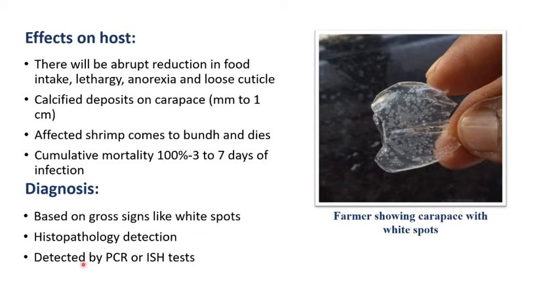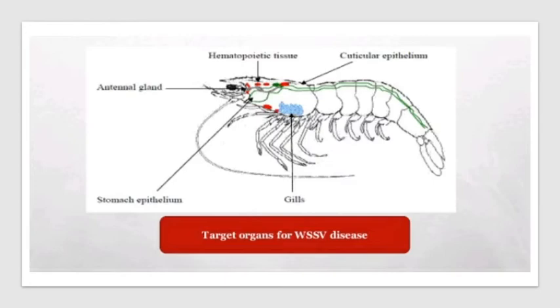We can confirm this white spot virus through PCR or molecular tools such as in situ hybridization tests. In this picture, we can clearly see the target organs for WSSV disease: cuticular epithelium, hematopoietic tissue, antennal gland, stomach epithelium, and gills are all affected with this WSSV disease.